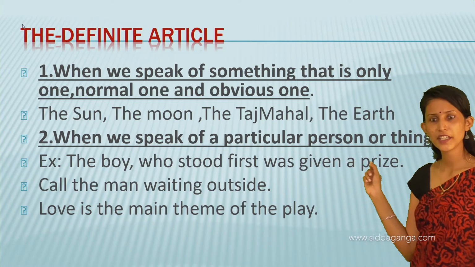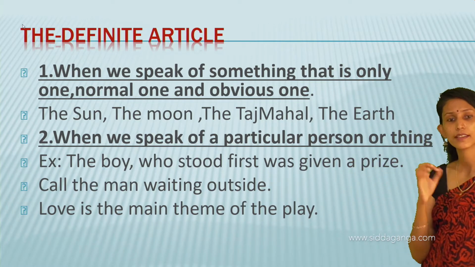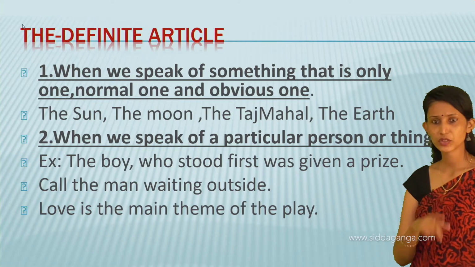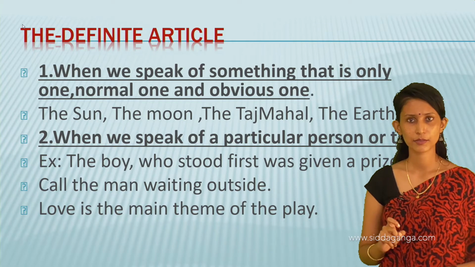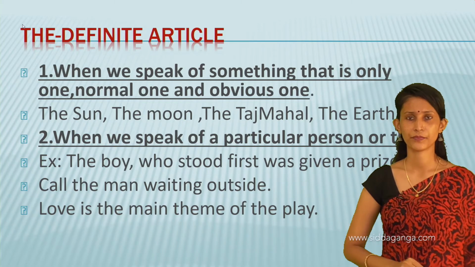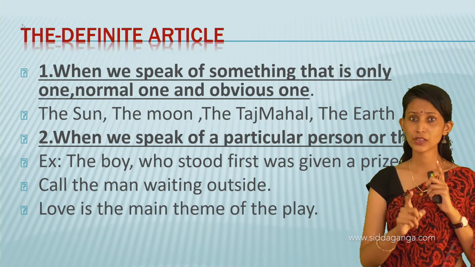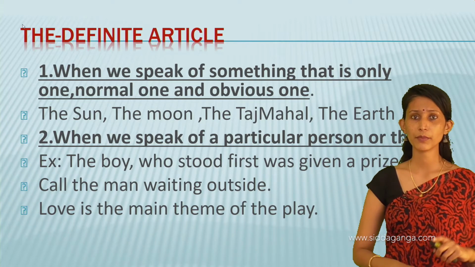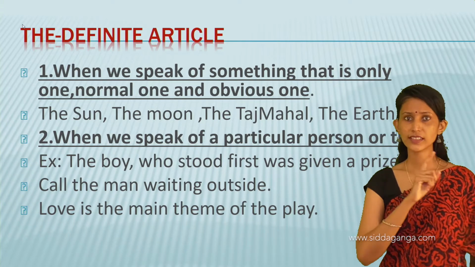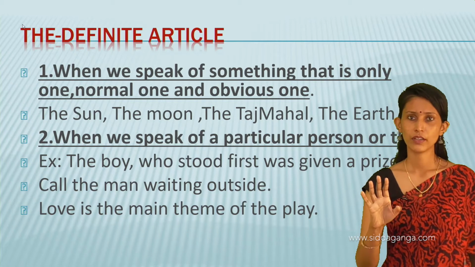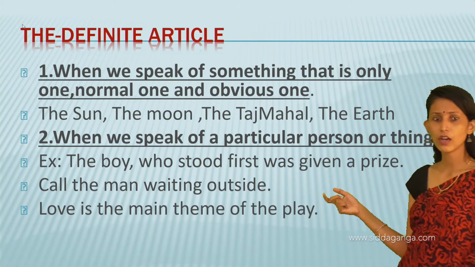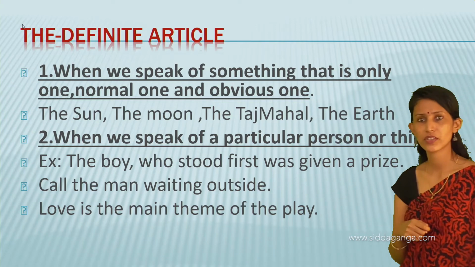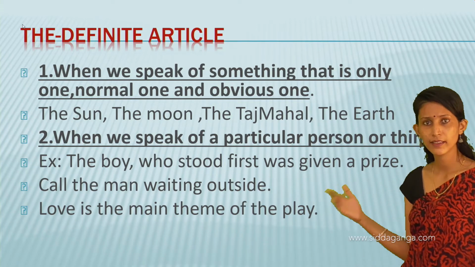Then, when we are speaking of a particular person or thing: the boy who stood first was given the prize. Now, there is only one boy who got that prize, that particular boy. Whereas when you use a proper noun, for example, the name is Rakesh, you don't say the Rakesh. No definite article before proper nouns. Alright, call the man waiting outside. Call the man waiting outside.